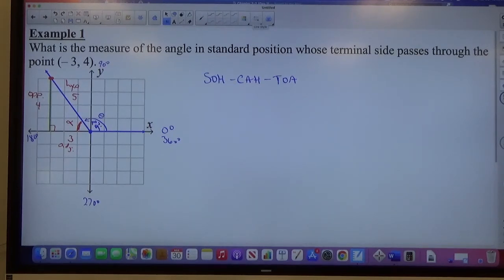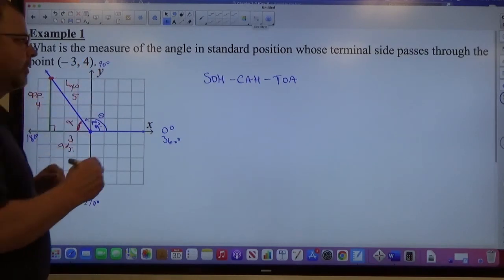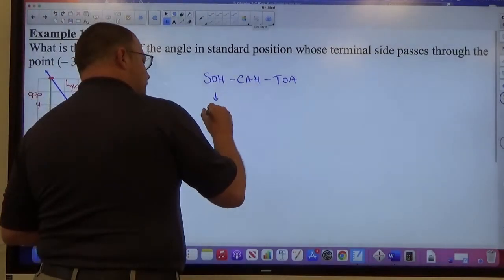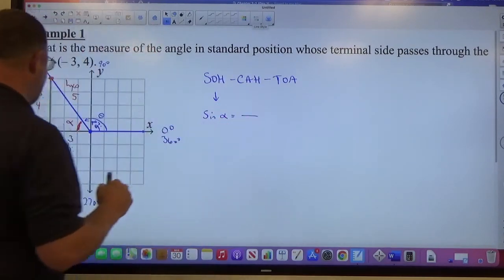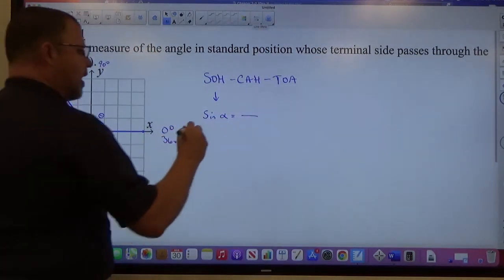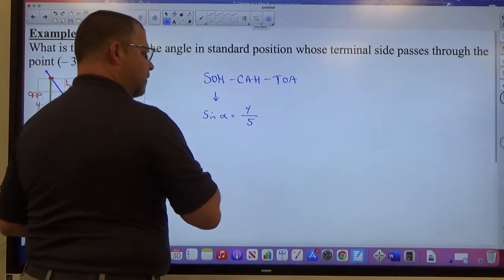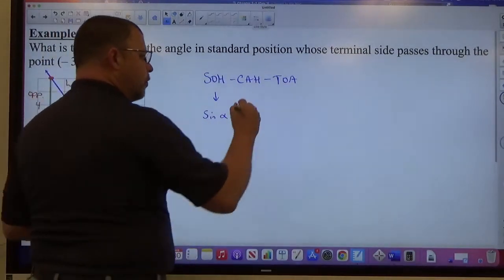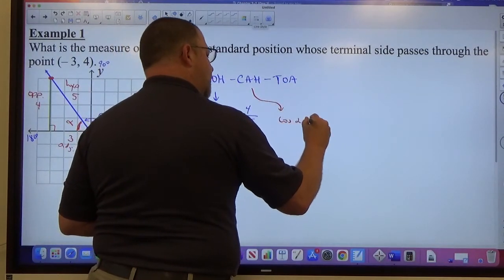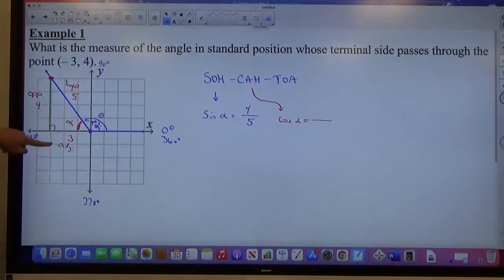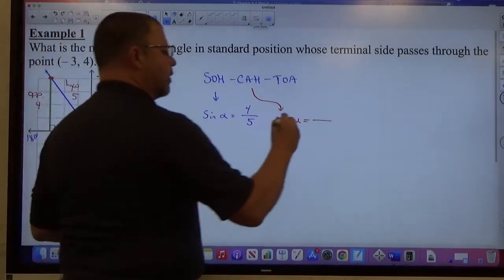Just to demonstrate though, if I was using sine, sine of alpha, because we don't know alpha, equals opposite, which is 4, over hypotenuse 5. If I used cosine, cosine of alpha equals adjacent 3 over hypotenuse 5, 3/5.